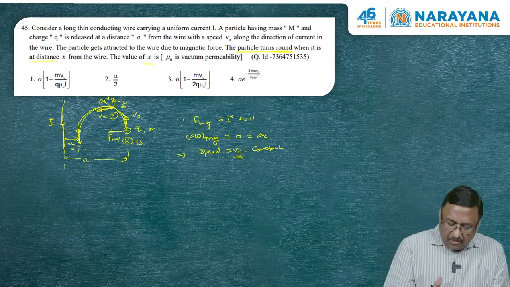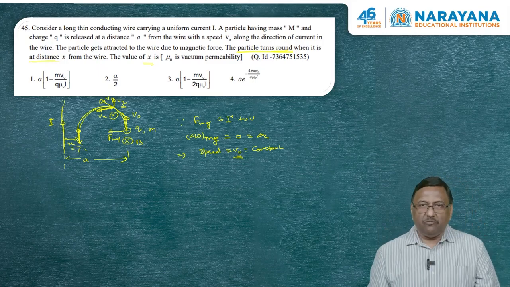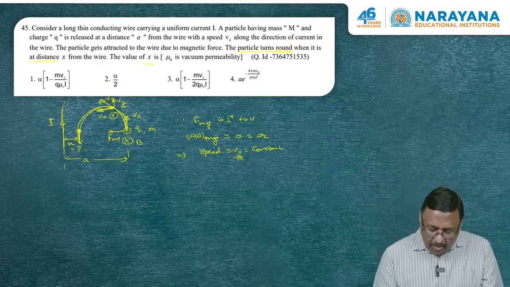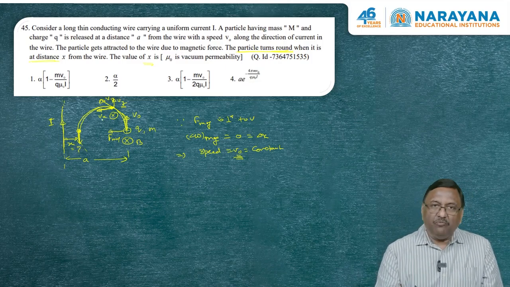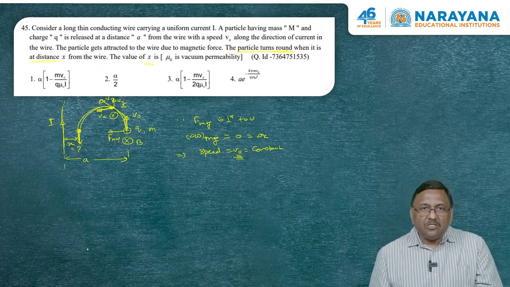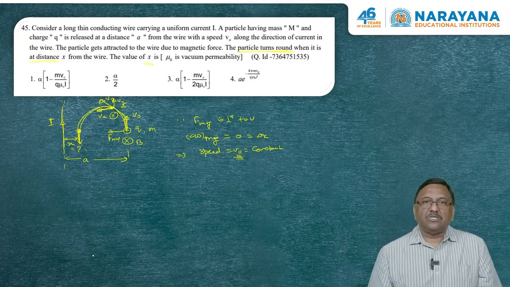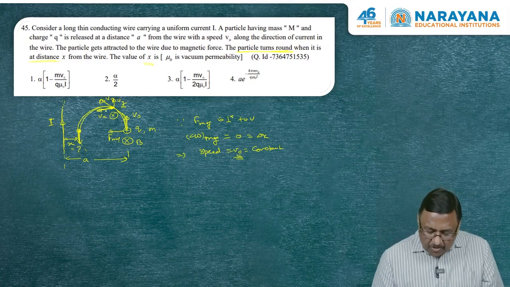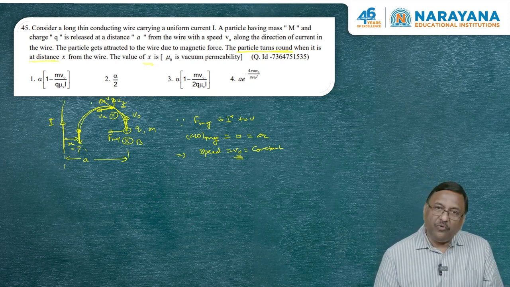So there is a horizontal force trying to move this particle towards the wire. And due to Vx, the magnetic force is acting in the downward direction, trying to pull this body in the downward sense. So which force is responsible here to change Vy? No doubt, Vy is also turning, Vx is also turning.